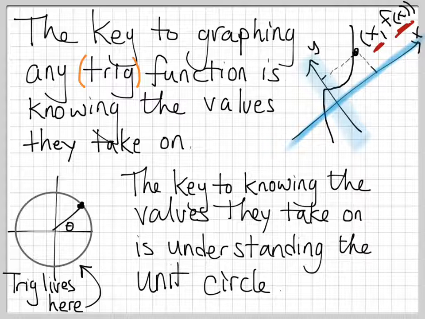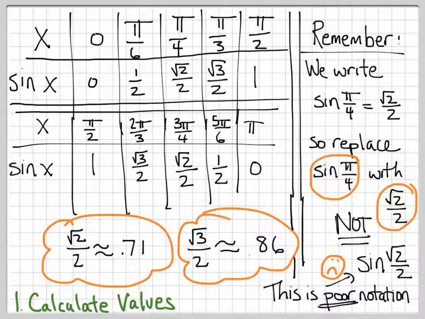So right here is the horrible truth. This is a table of values for sine of x. You can see here, and this is important, normally when we graph, we use x as a variable, right?